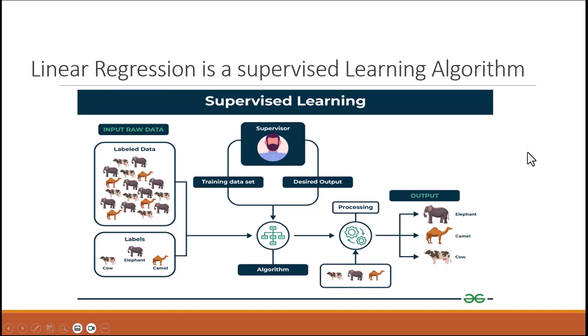You remember this diagram that I used for the supervised machine learning model, and we have the labeled data, in the form of input raw data and the labels, and the supervised machine learning model acts like a supervisor that gets the training data.